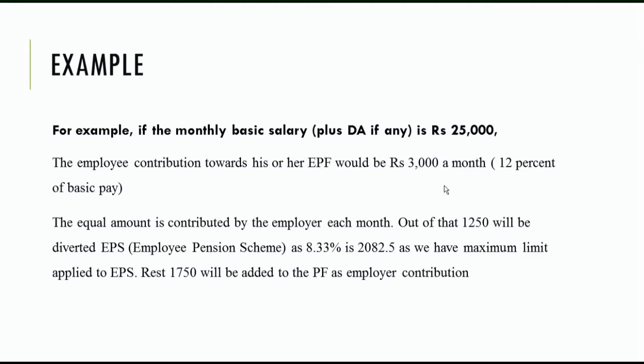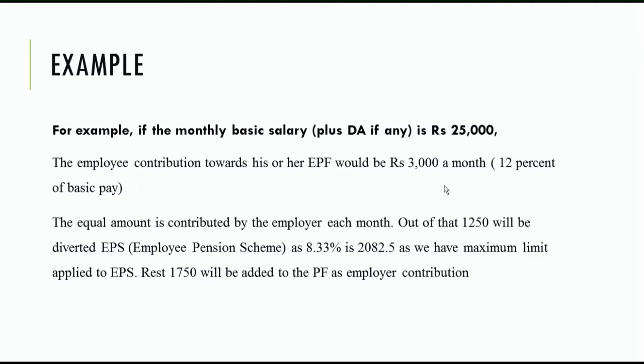Out of that, 1,250 rupees will be diverted to EPS, that is Employee Pension Scheme, as 8.33% of 25,000, that is 2,082 rupees. As we have a maximum limit applied to EPS, only 1,250 rupees will be moved to EPS, and the remaining 1,750 rupees will be added to the PF as employer contribution.